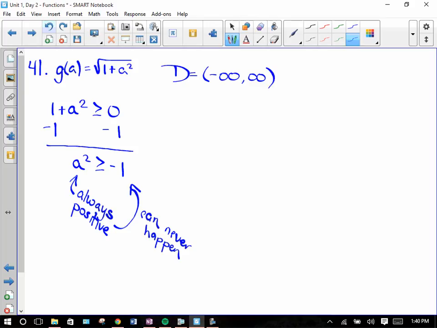There is no restriction on it. The next one we look at will actually have a square root where it causes issues.